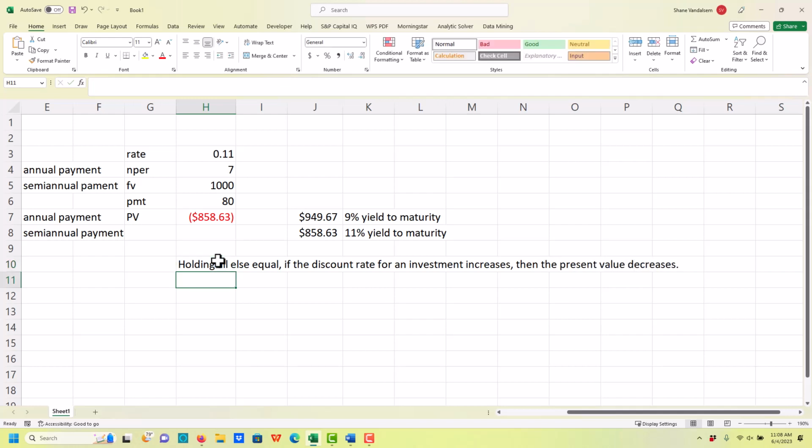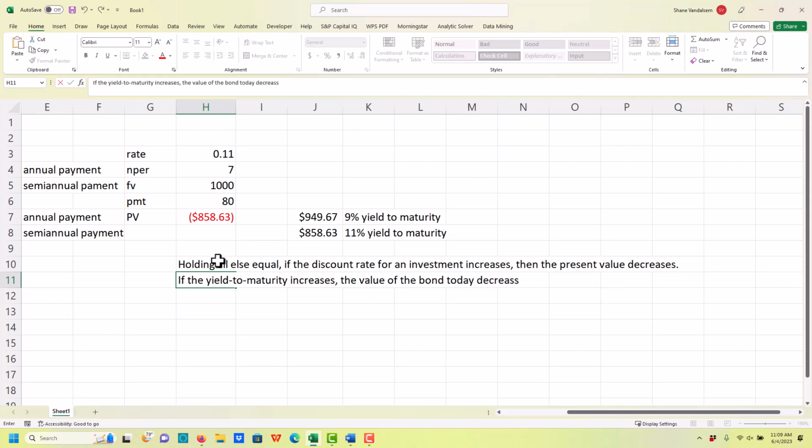Okay. So in this case, if the yield to maturity increases, the value of the bond today, or the price of the bond today, decreases.